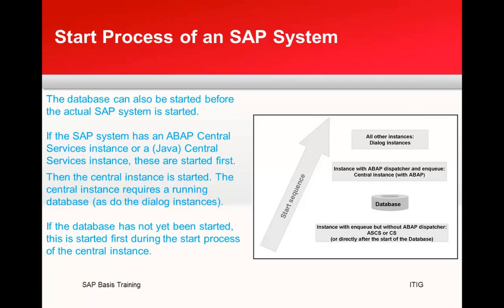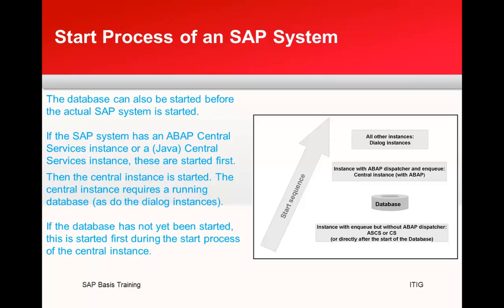Okay, so basically the start process. Every SAP system has a database and at least one instance. An SAP system with a Java stack also has a central services instance.